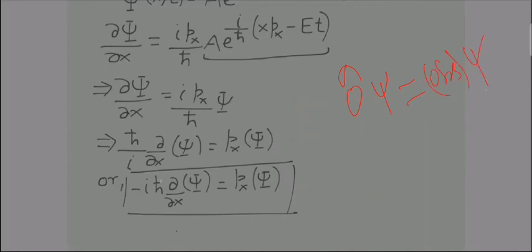So if you look at this carefully, this is your observable, which is momentum along x direction, and this is your operator. Your operator is being operated on psi, and as a result you are getting the observable px multiplied by psi. So you got this.